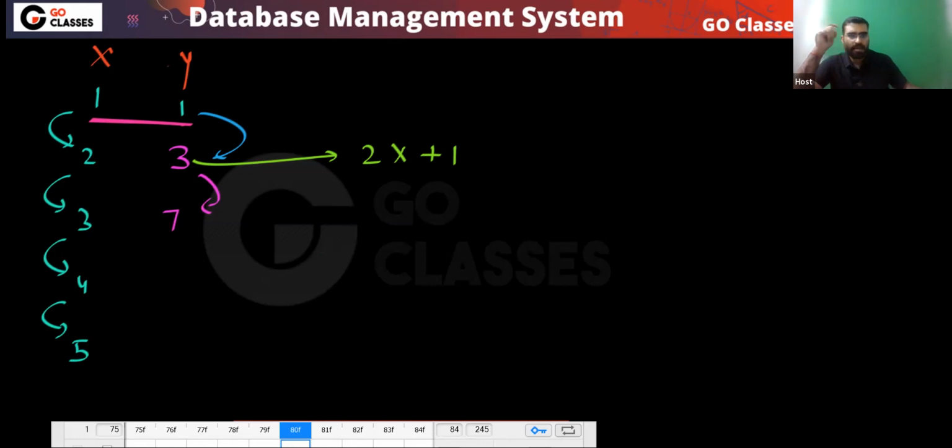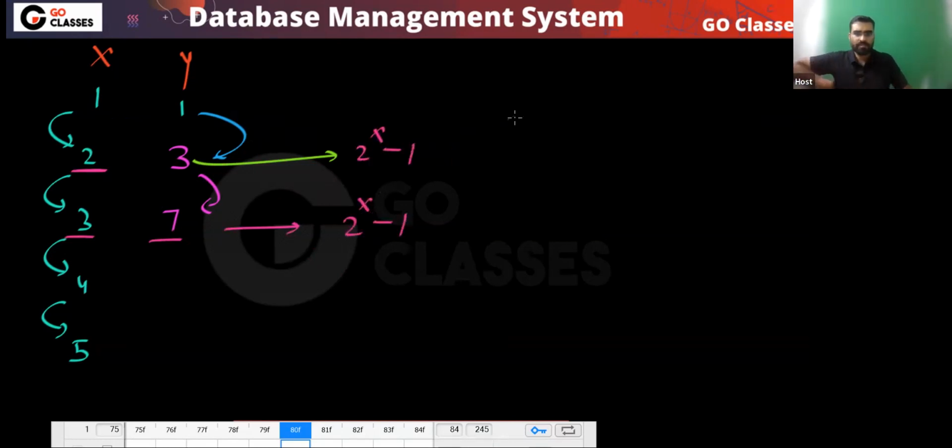But x equal to 2. In terms of x, what can you write this value? This value will be 2 power x minus 1, in terms of x. Correct?